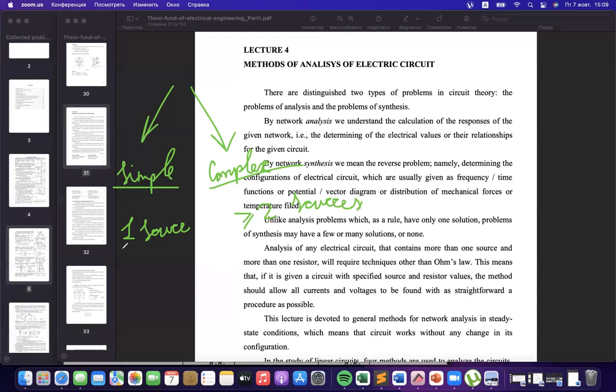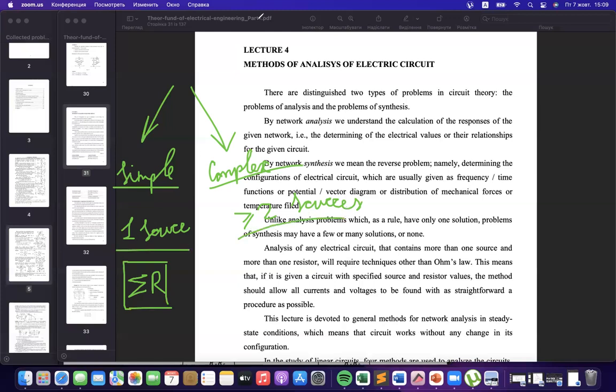What is the difference? If we have only one source, then we could simplify all resistors near this source and solve our task without any system of equations. We don't need any systems, any matrices. We could just find the total resistivity as we did last time and find the current from the one source.